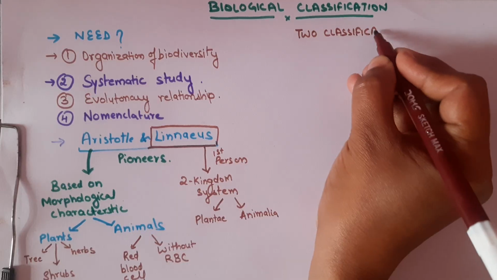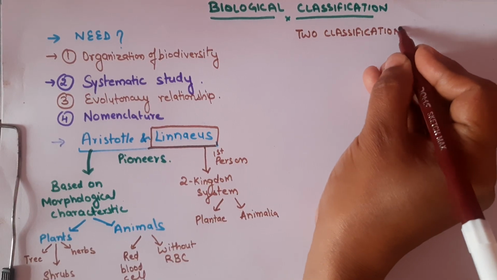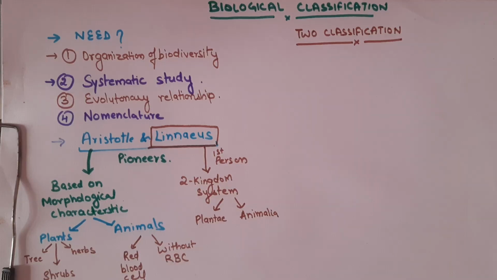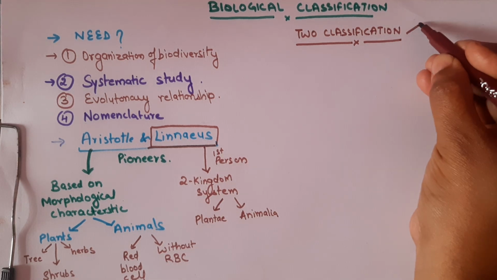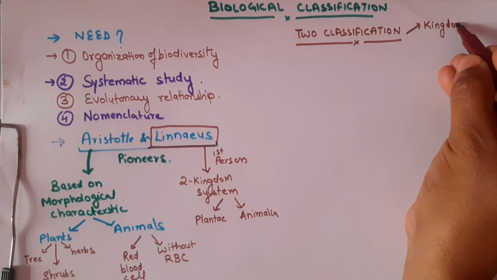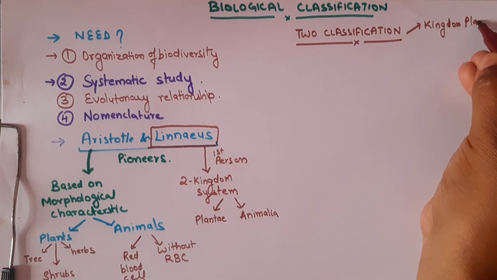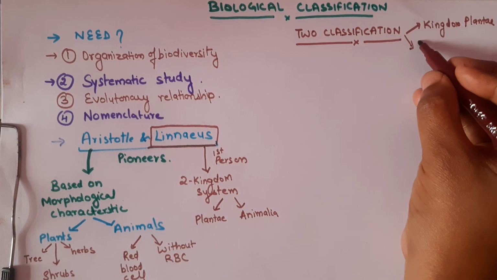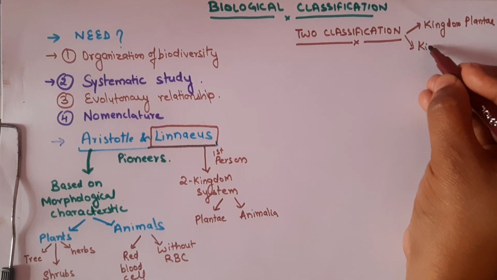Classification is organizing data. From the name itself it is clear that in the two kingdom system there are two kingdoms. The first is kingdom Plantae and the second is kingdom Animalia.